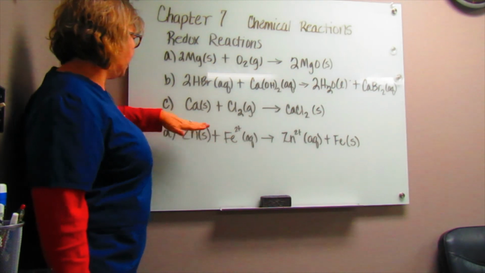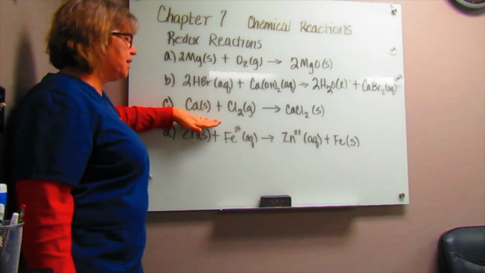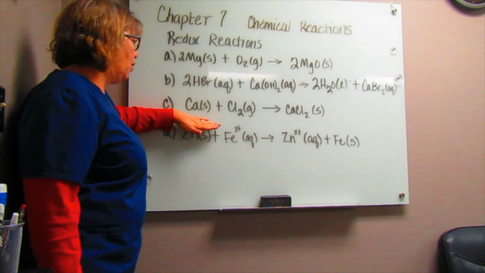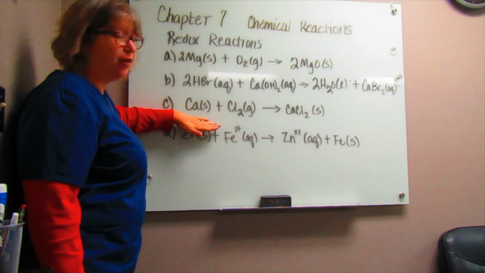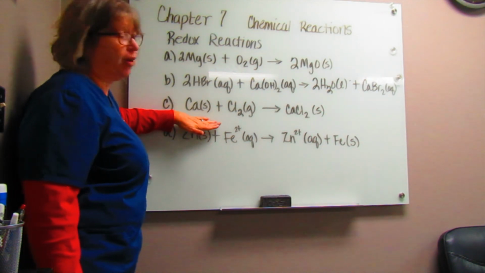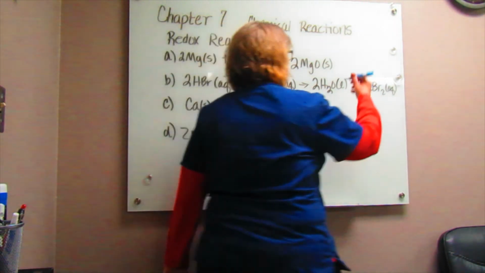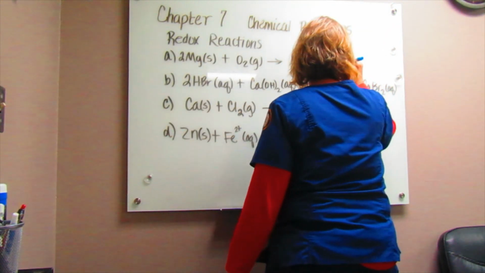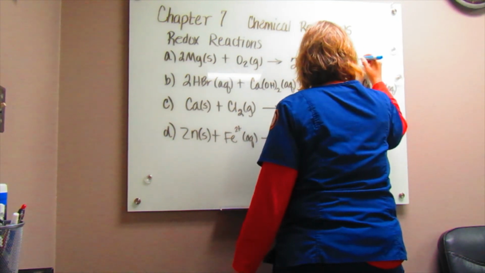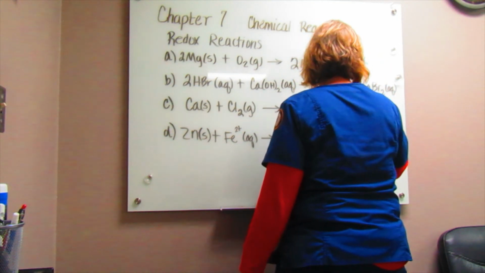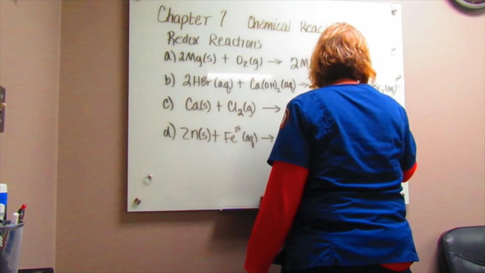But as you can see from C, this is a metal and a non-metal. There has been an exchange of electrons. There's no oxygen involved, but it is also a redox reaction, okay? So we have a redox reaction for A and a redox reaction for C.